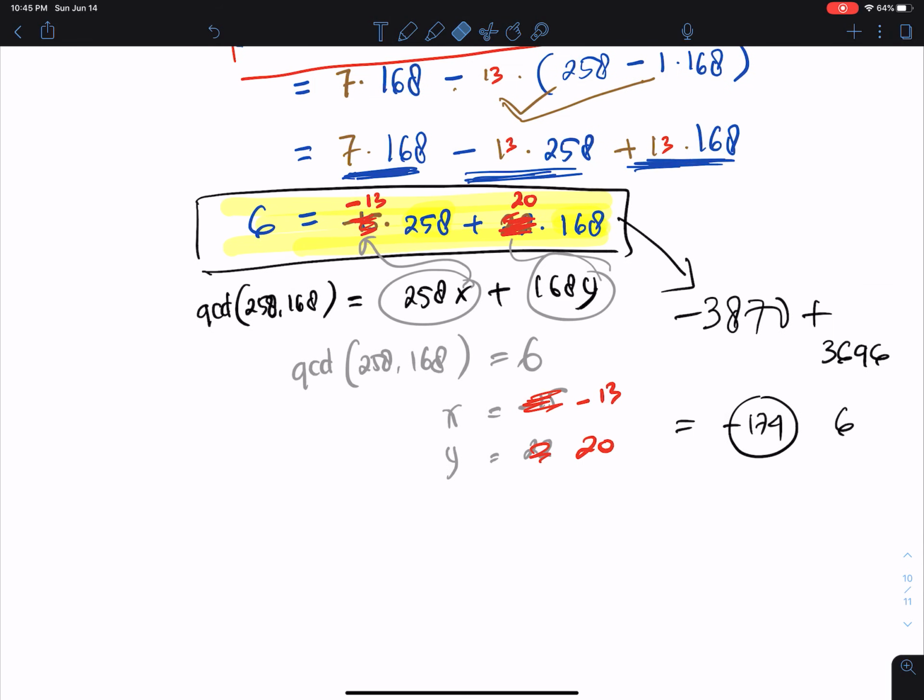So our calculation should be 6 equal to minus 13 258 plus 20 168.